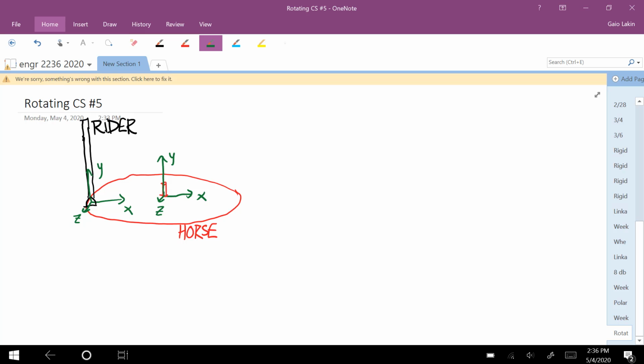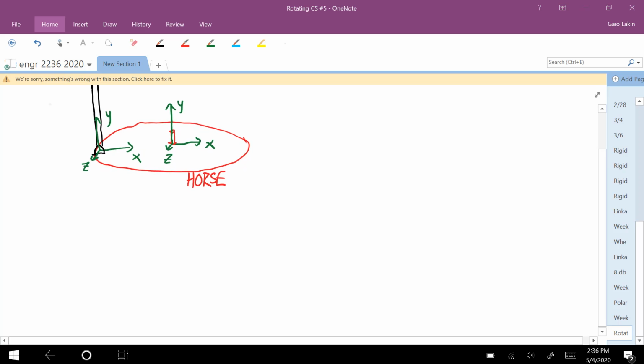For that second one, the axes are changing orientation. That coordinate system is rotating. And in addition, the origin of that coordinate system is in circular motion. So it's also accelerating, and that means we'll have to use relative motion. Okay, so that'll be a pain.